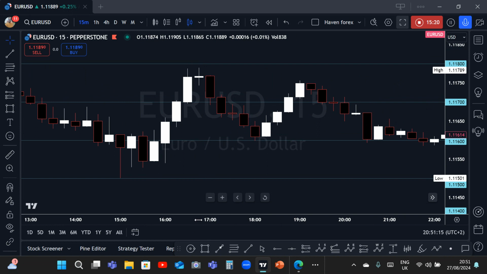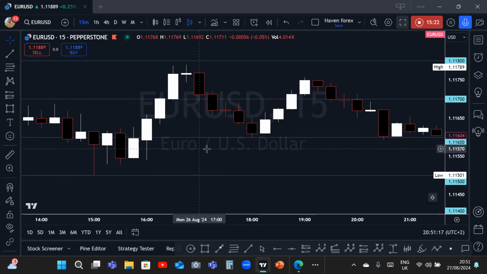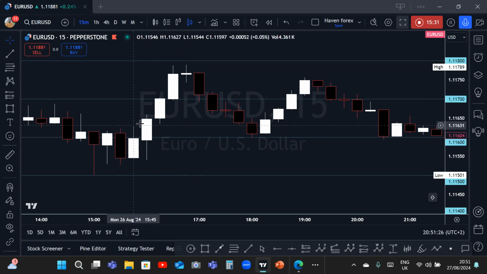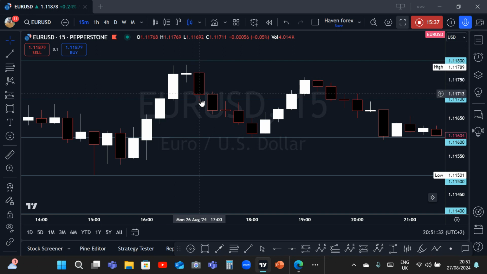All right. This is what we call an evening star. You see, the trend was going up. Then there's a doji candle, then an opposite candle. This is a bearish candle. This is what? An evening star.